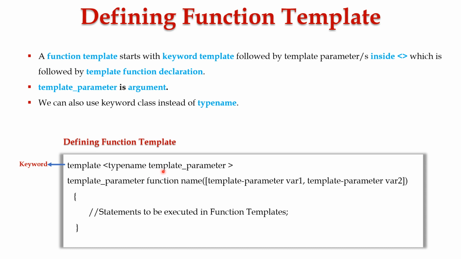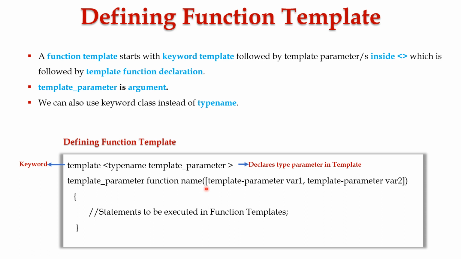Then, followed by the type name, we have the template parameter. The template parameter is nothing but the placeholder for any data type which is being used in the template. Following this, we have the function declaration and definition part. First comes the template parameter, followed by the function name.